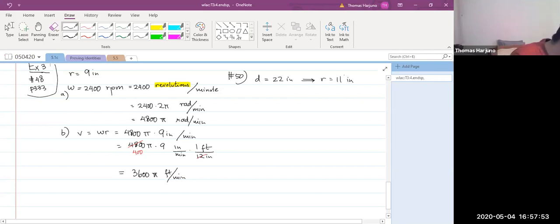And if the car is traveling at 60 miles per hour, so the linear velocity is 60 miles per hour, find the number of revolutions the tire makes per minute. Basically, omega equals to what, RPM? That's the question.